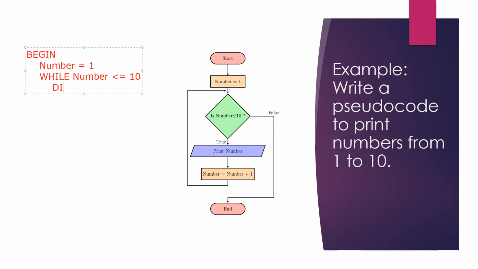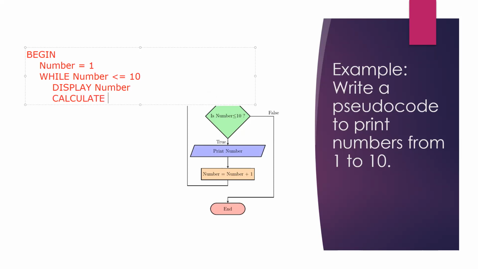Then you are going to say display number. Remember that there are no double quotes here because it's a variable. Otherwise, it will be taken as a message. So next one is number equals number plus 1. So this is process. So you have to say calculate number equals number plus 1. That's all.